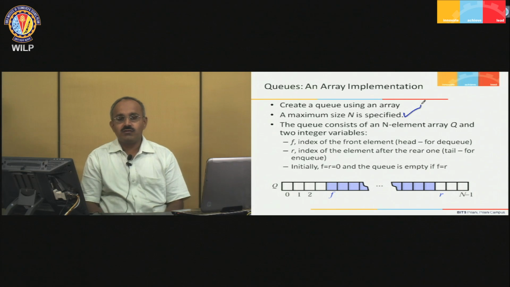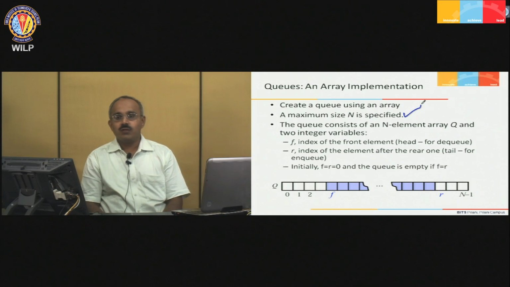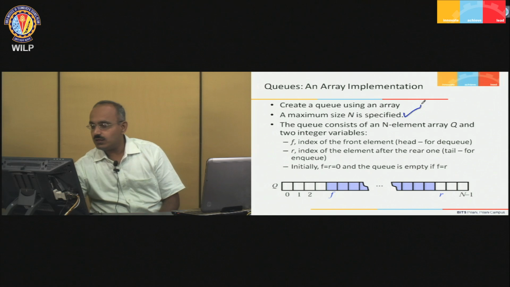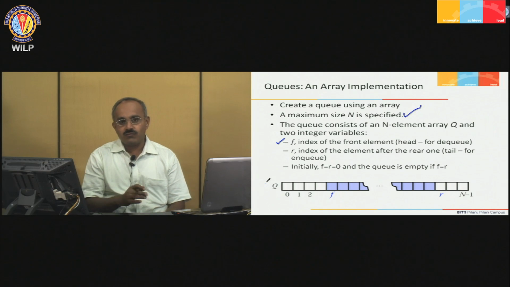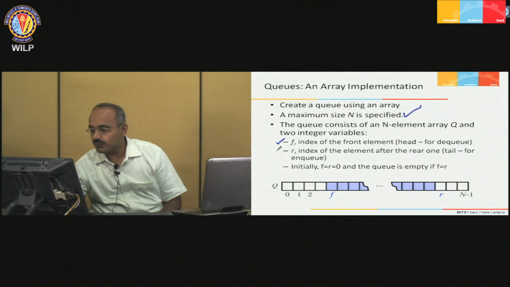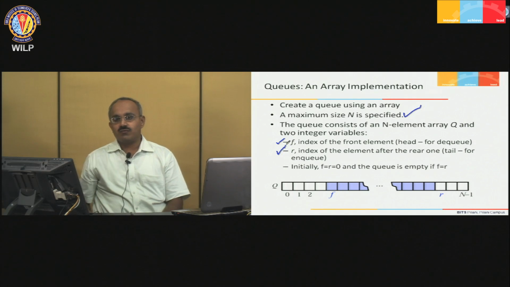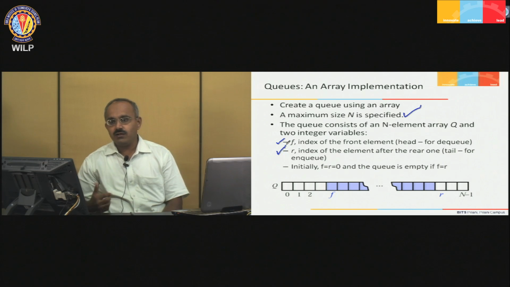Already observe that we need two pointers to keep track of adding and deleting elements from the queue. So we need a pointer or index called f, which tells where the front of the queue is, and we need r, which tells us what is the end of the queue. So front and rear are going to be represented by f and r, which indicate the front and the end of the queue.